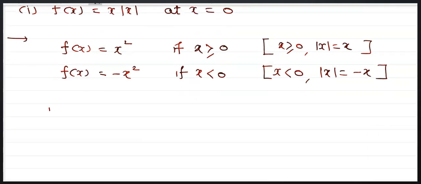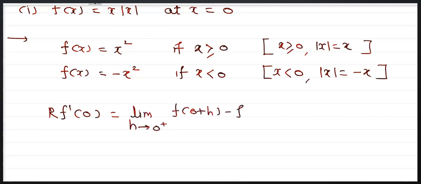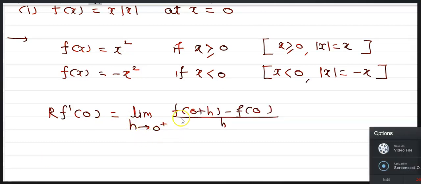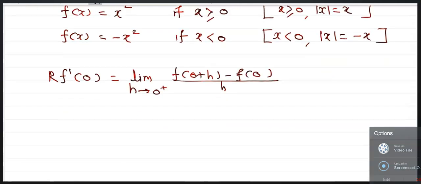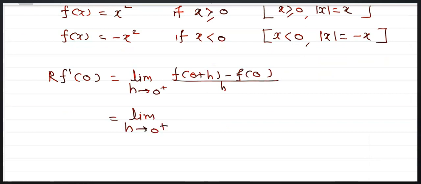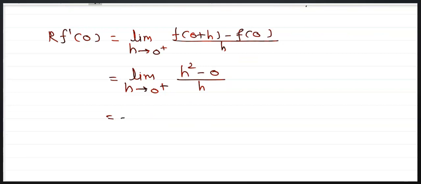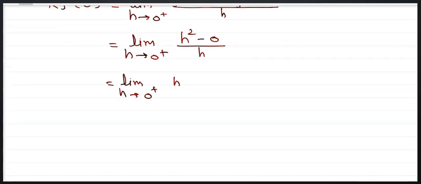And therefore the right hand side differentiation, or you may take it as a limit or differentiation, it doesn't matter. That is limit h tends to 0 plus, f of 0 plus h minus f of 0 upon h, h tends to 0, h square minus 0, and overall it is 0.